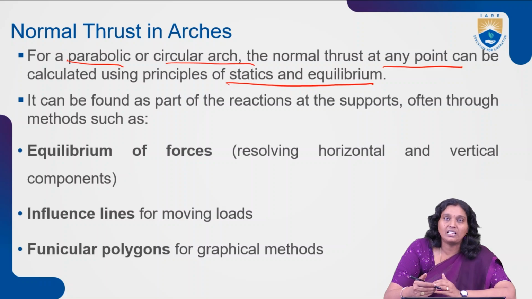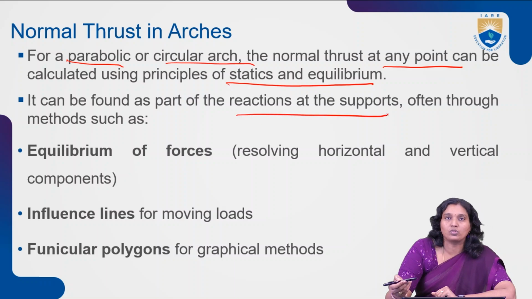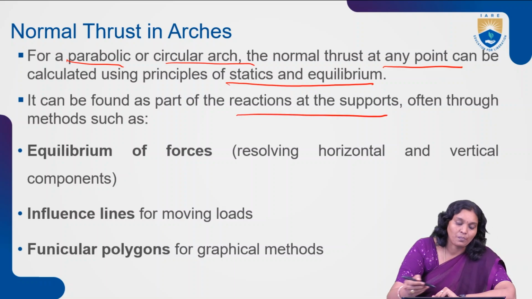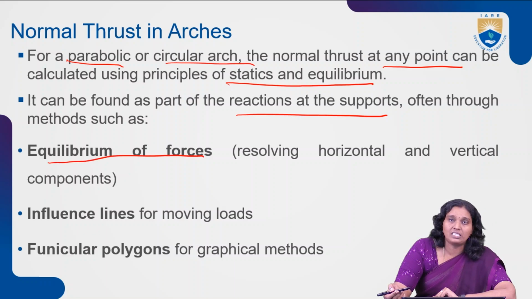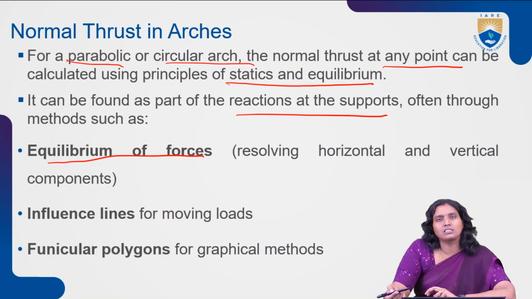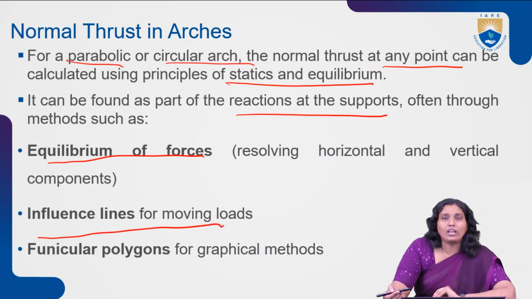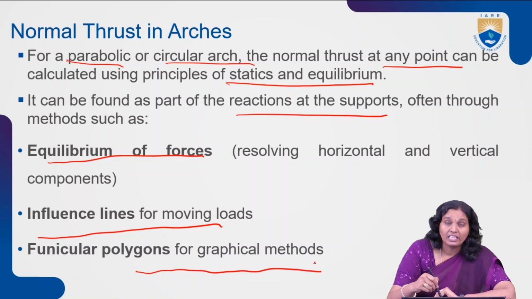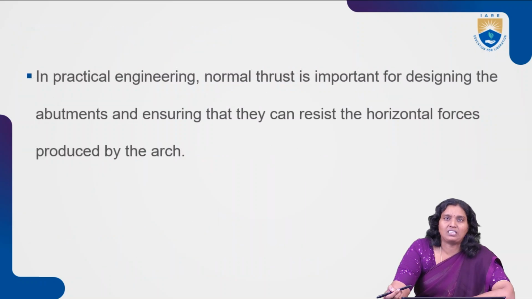We can find the reactions at the supports often through methods such as equilibrium of forces, resolving horizontal and vertical components, which is one of the methods we choose for finding the normal thrust for the given conditions of the arch, and also influence lines for moving loads, and force polygons for graphical methods. These are the various methods we choose for finding out what type of normal thrust it is.